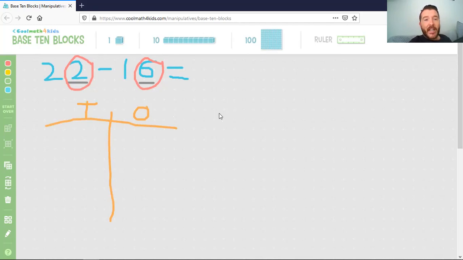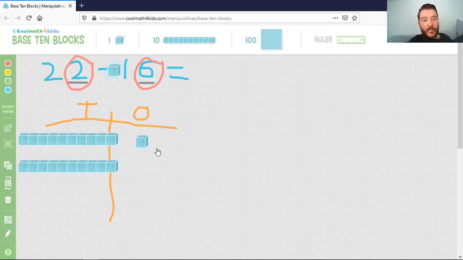In this case, the whole number is 22, isn't it? So how many tens is in that? That's 2 tens. So 10, 20. And I need 2 ones. 1, 2. So you can see there, I've made 22.